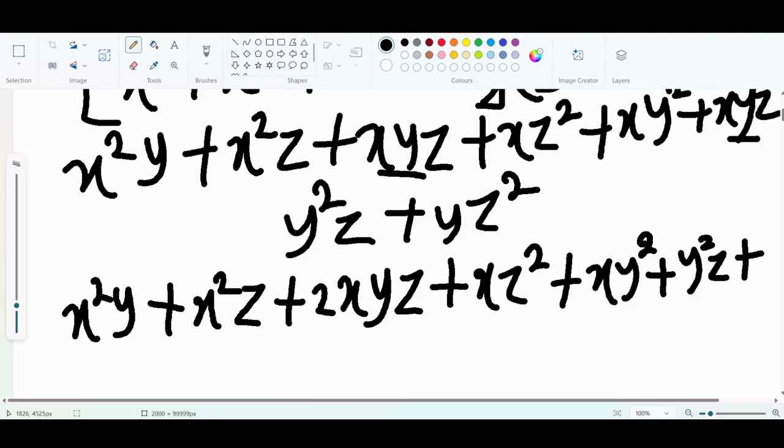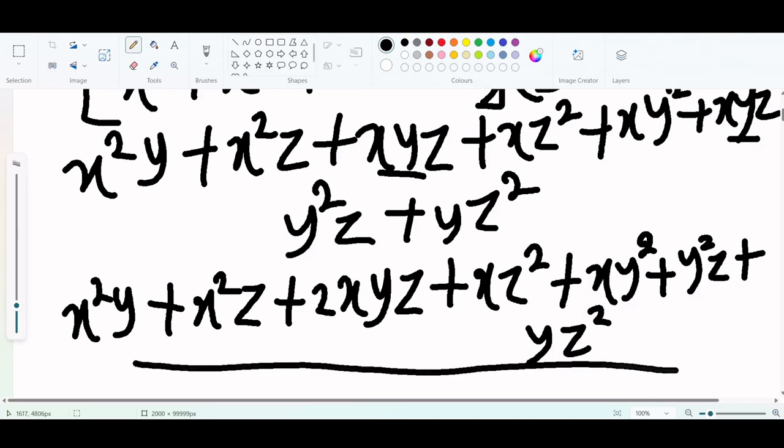Then plus yz squared. So this is how we will resolve this problem, and that's the final answer.